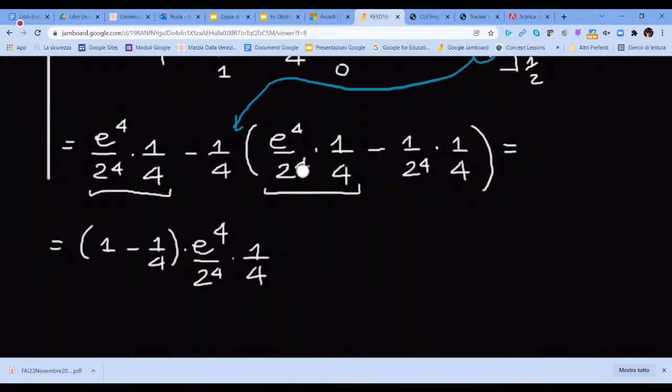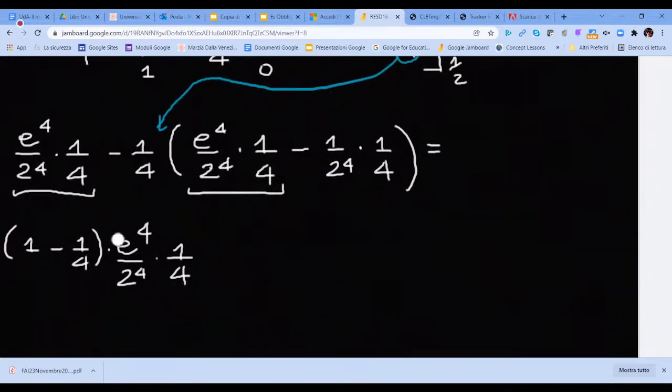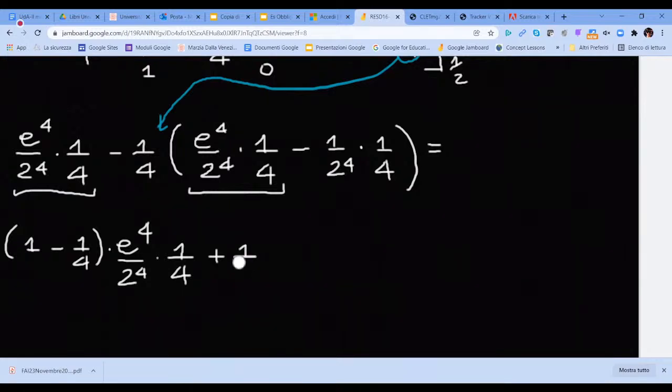Okay. And then you have the last term, there is no e, so it is minus 1/4 multiplied by minus, so minus times minus is plus, so it is 1/4 times 1 to the 4 times 1/4.